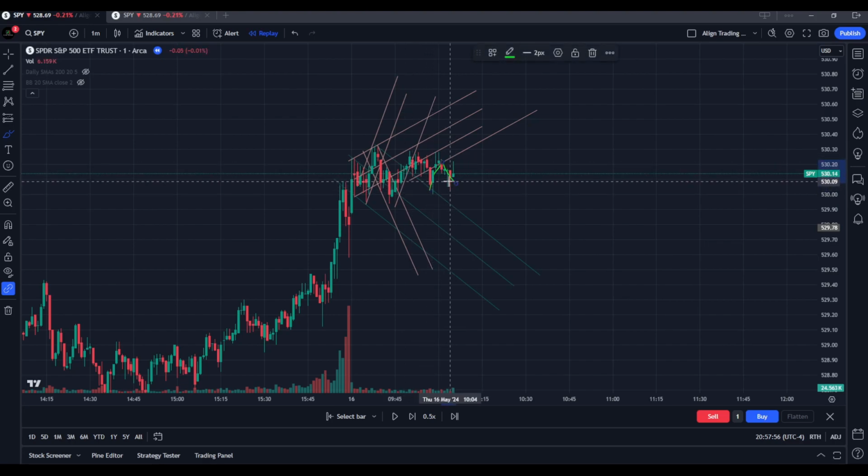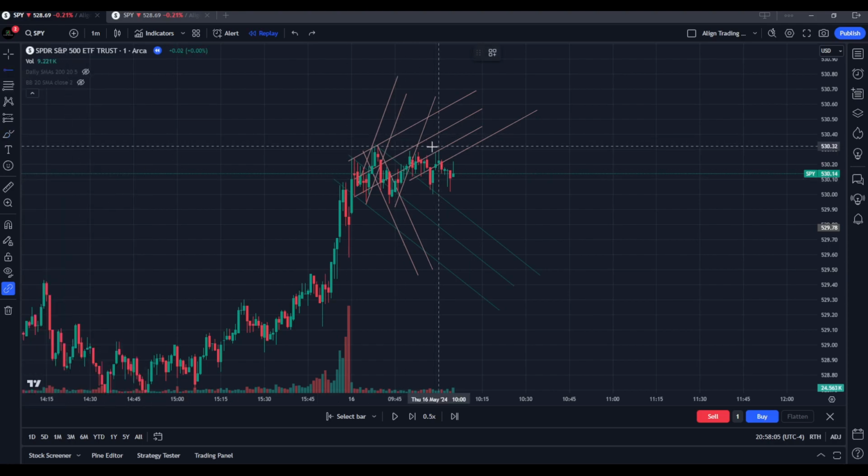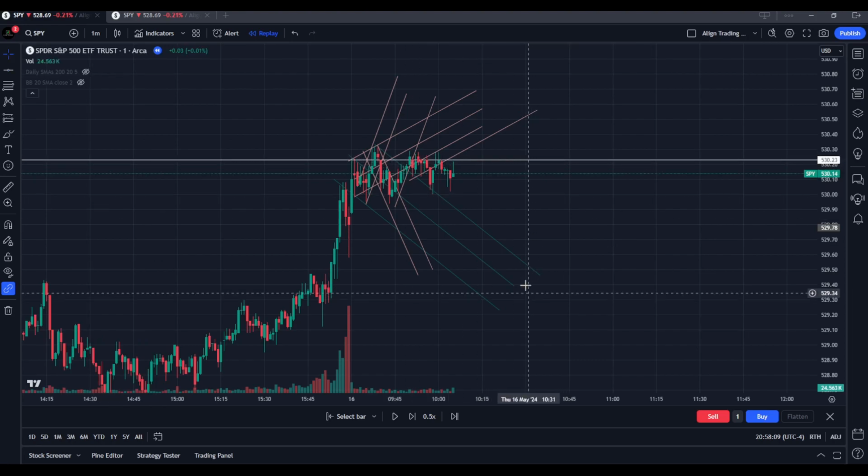We're getting rejected once again here, and we're starting to form some sort of resistance right at this level right here. And if you see, we can distinguish that this is a resistance.